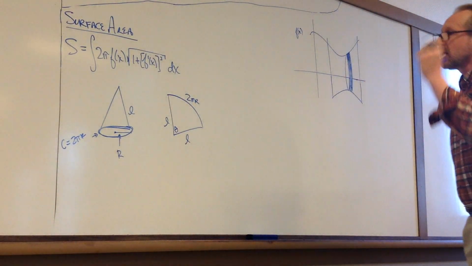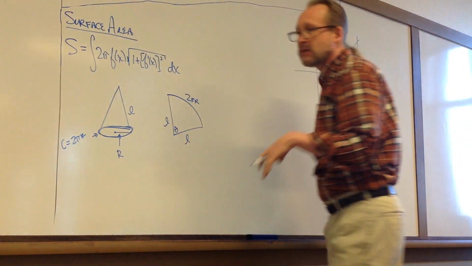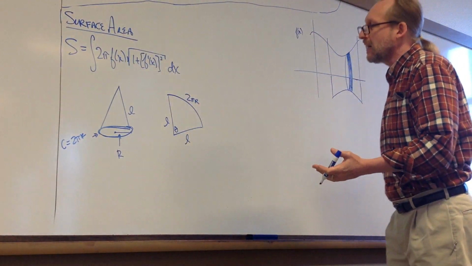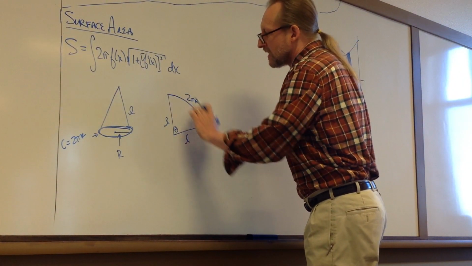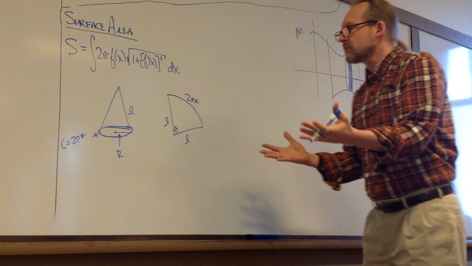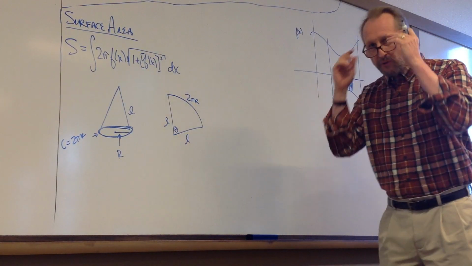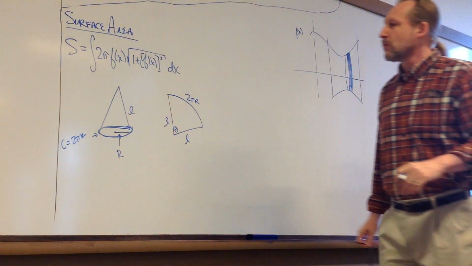The area for the sector of a circle is going to be pi r squared times how much of the circle you have. If theta is 90 degrees, you've got a quarter of the circle. If theta is 180 degrees, you've got a half circle. So the question is, what portion of the circle are we working with?